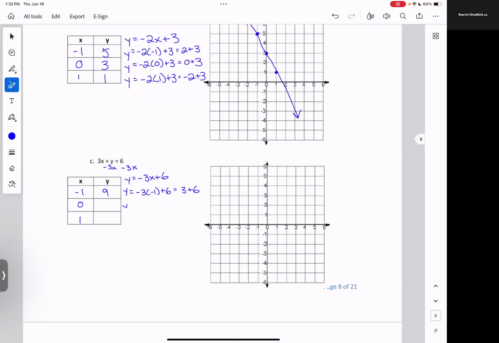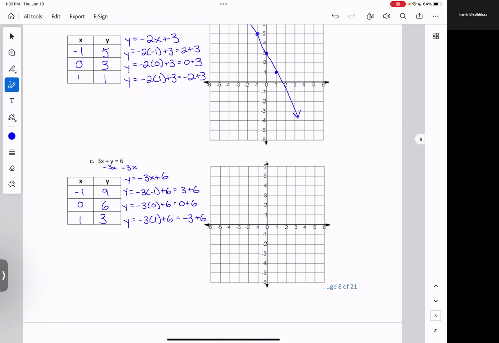And the second one, if x is 0, I've got negative 3 times 0 plus 6, which is just 0 plus 6, or 6. And when x is 1, I'll have negative 3 times 1 plus 6, which is negative 3 plus 6, which gives me positive 3.